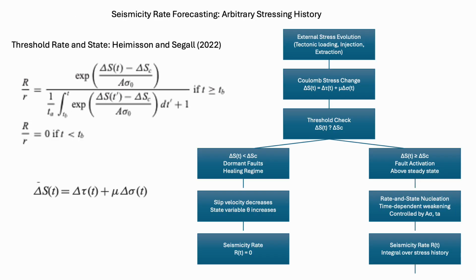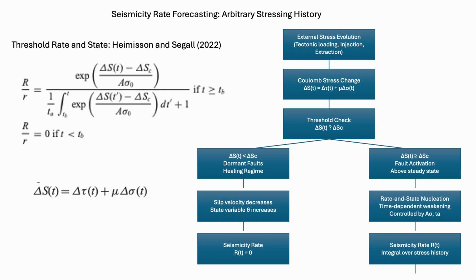So based on this formulation, we will modify this a bit. Heimisson and Segall realized that the idea that all the faults are ready to go and all of them are above steady state is not true. In real life, some faults are dormant and some of them are ready to go based on the stress conditions over there.